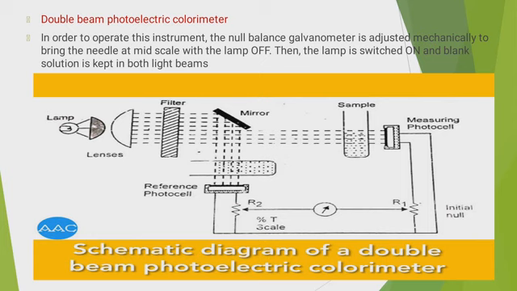The difference between double beam and single beam is that in the double beam we pass the beam through two solutions, one a reference solution and another a standard solution. The entire procedure is the same, only there are two rheostats, one for making the null galvanometer position and one for adjusting 100% transmittance and 0% absorbance for the samples.